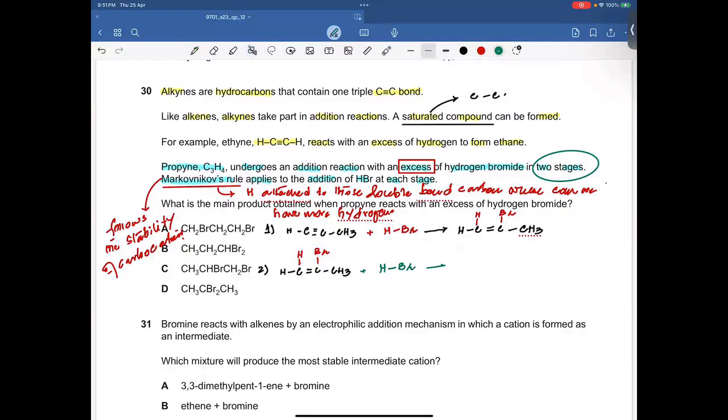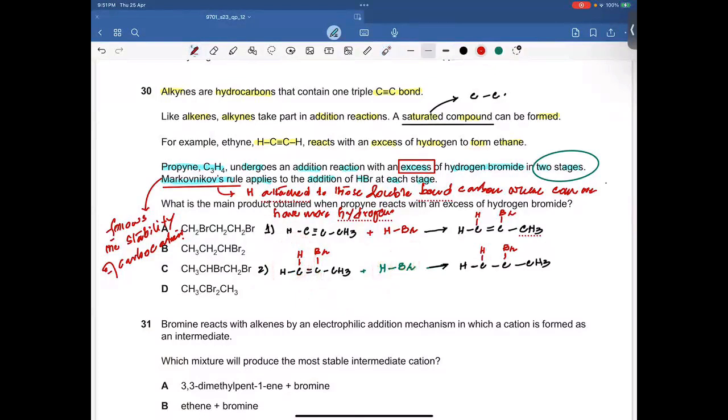And obviously, the HBr molecule, we have H and Br already from the first step. Now in the second step, this is the electrophile. It goes to that carbon atom because it has more hydrogen. So this bromine goes to this carbon atom.